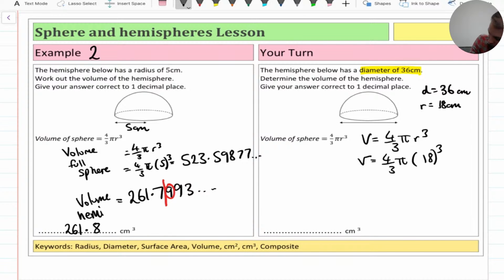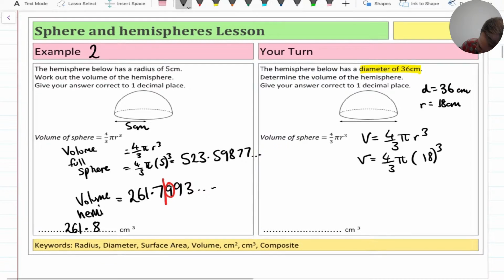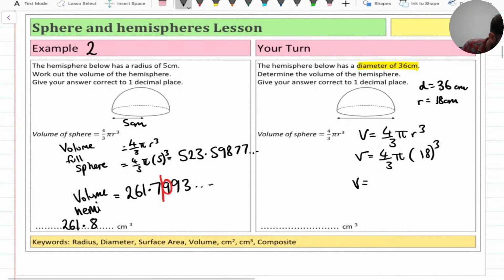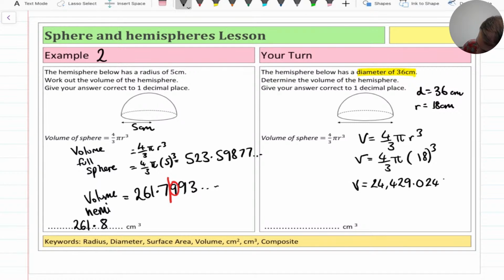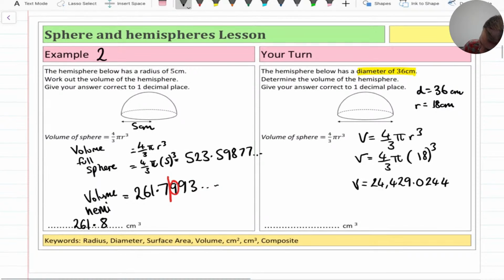Now I'm using my phone for a calculator now, which I wouldn't suggest. I'll get that sorted for next time. So there's our answer to that.